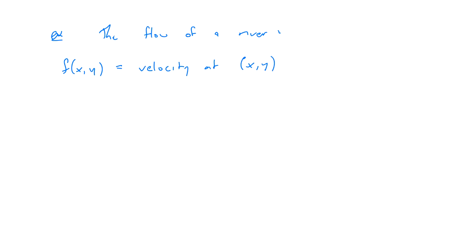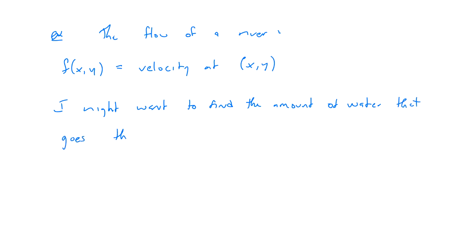And here, what I might want to know is how much water is going through an imaginary surface. So the water can still go through, but I want to know at a cross section how much water is going through that space in a particular time period.